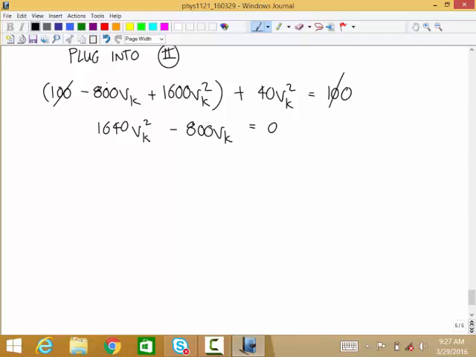In a lot of these problems, actually, it's just in the problems where one of the objects has no velocity before the collision, you can just factor it out. So this says VK times 1640 VK minus 800 is equal to 0. And so the roots are VK equal to 0 and VK equal to, what's 800 divided by 1640?